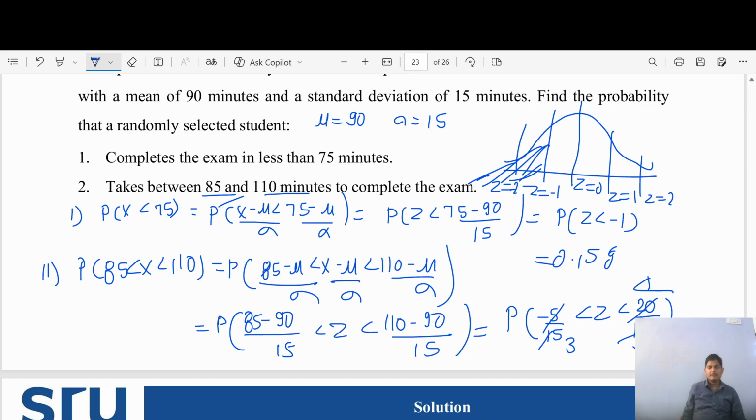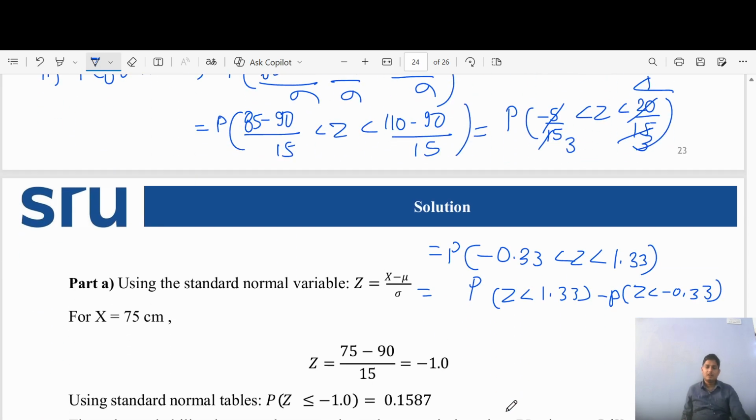So how will we find this area? P(Z less than 1.33) minus P(Z less than minus 0.33). Okay. How will we? Because this.